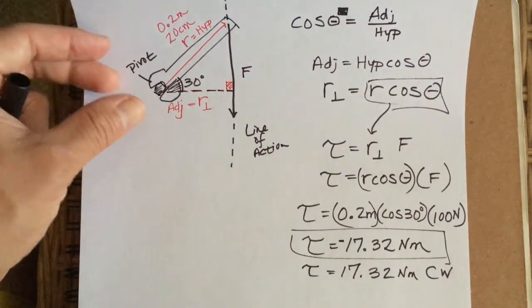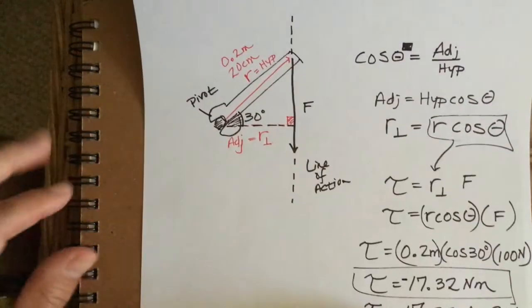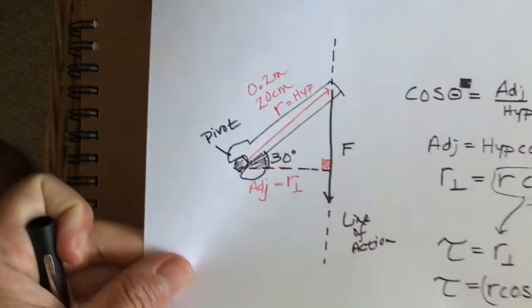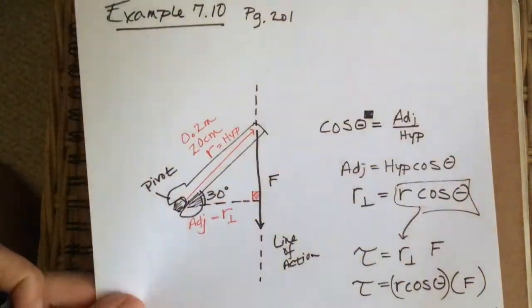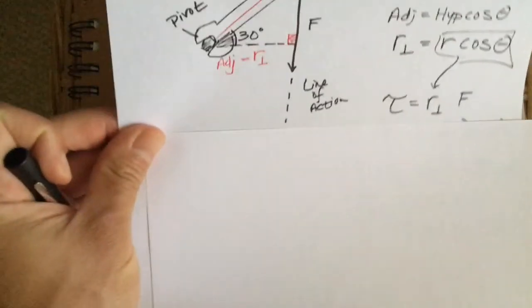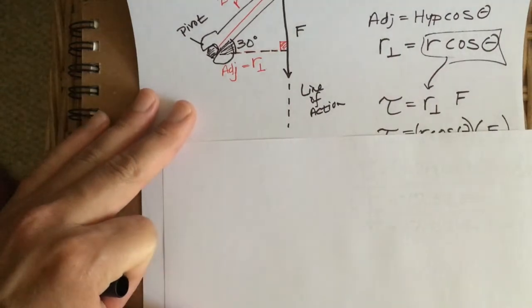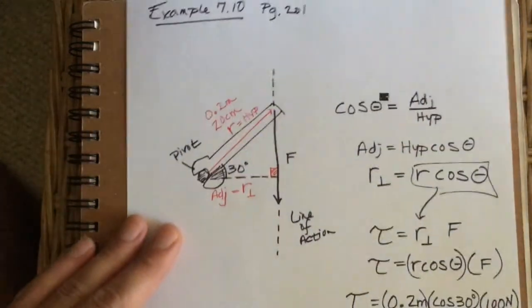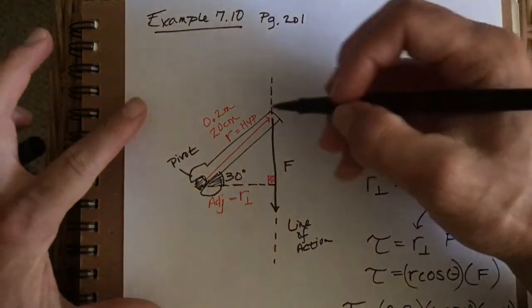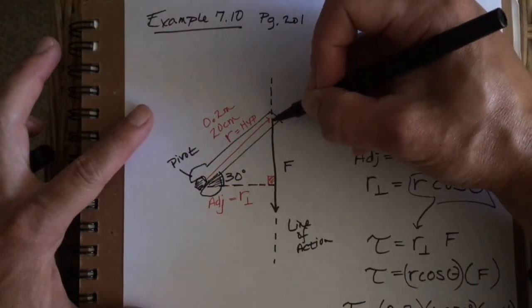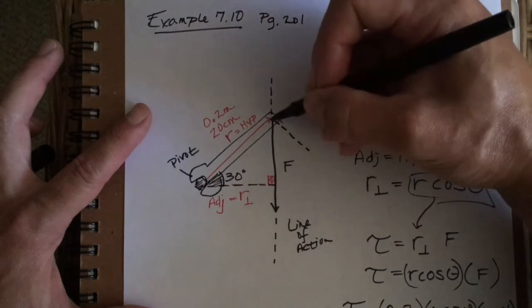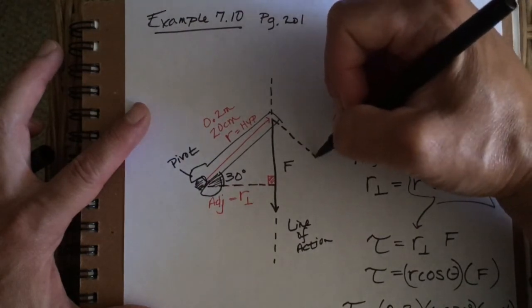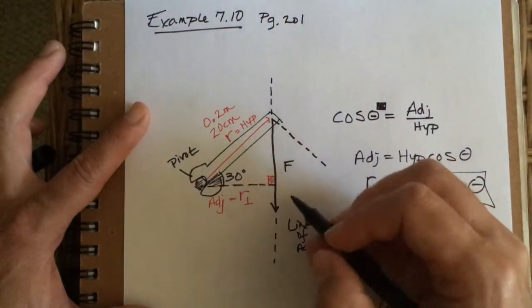So I think the problem said to do it two ways. The other way would be to find f-perp. Maybe I can just draw it on here. So right here is the perpendicular part of this vector, right?